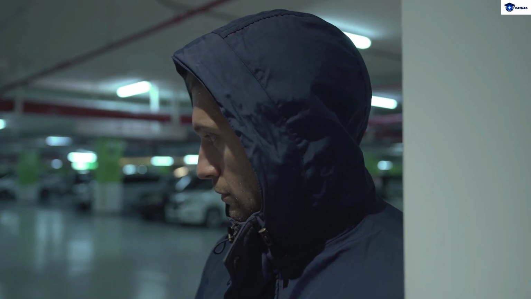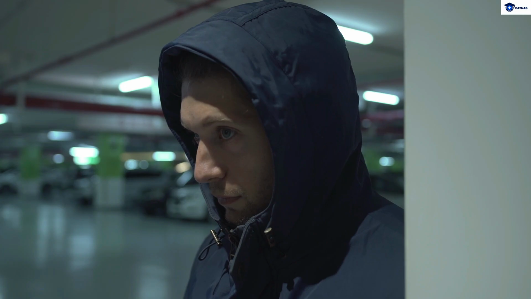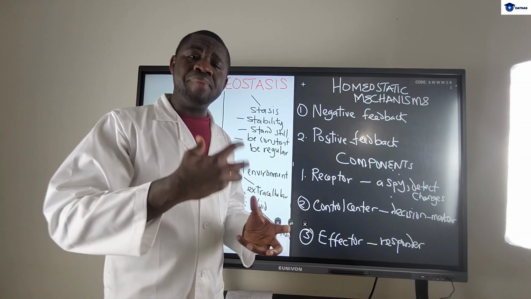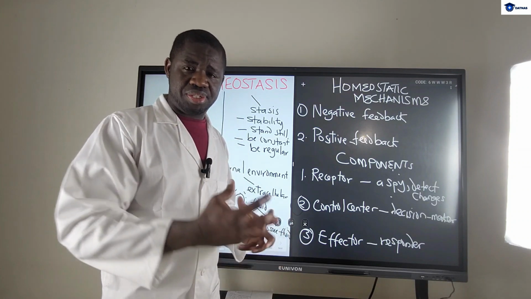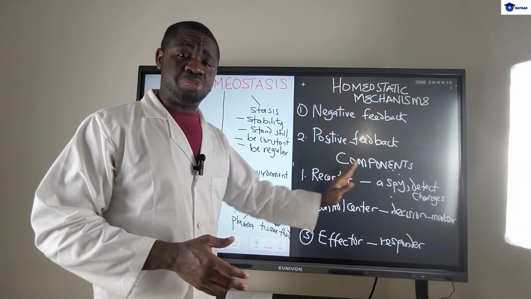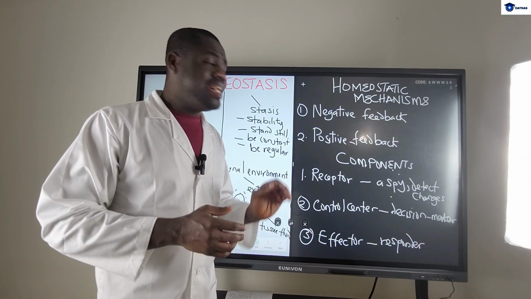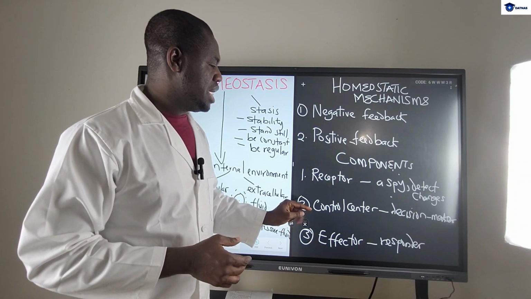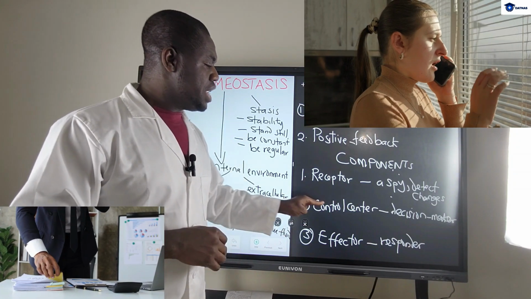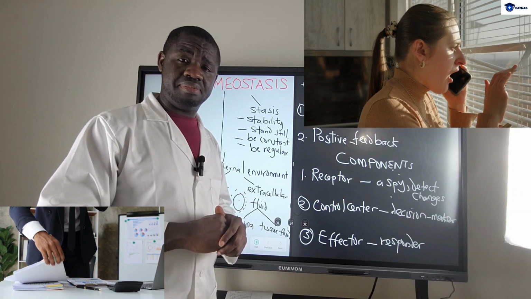This offender is trying to harm people in the mall by making threats. The receptors, because they are spies, quickly inform the CEOs of that mall. The CEO is the control center.